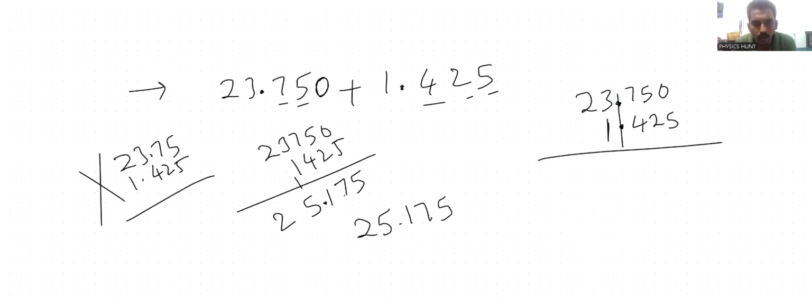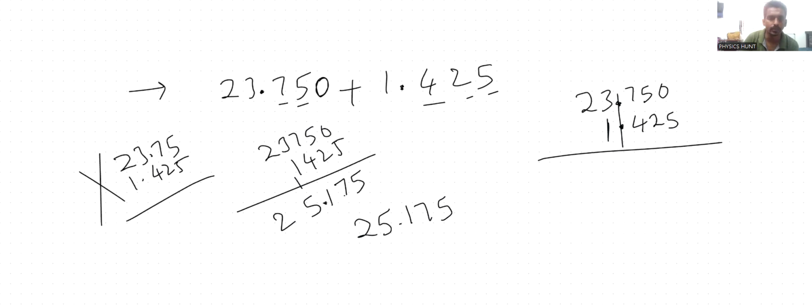So when you want to add or subtract decimal numbers, the very first point is you check that after the decimal both numbers have the same number of digits. If there is a smaller number, then you just add zeros.